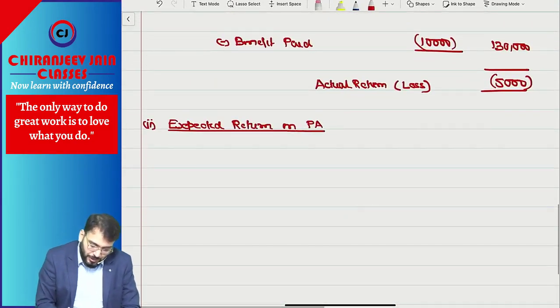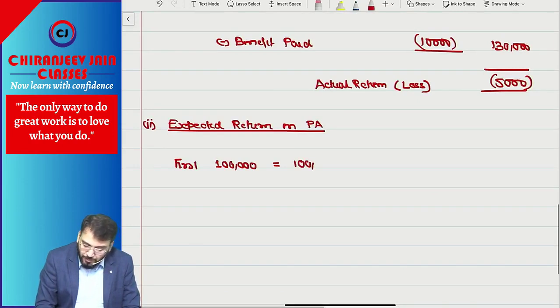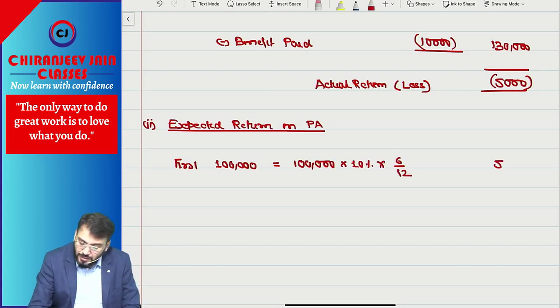Now, can I say, first 1 lakh, expected return will be 1 lakh into 10% into 6 by 12, that is 5,000.